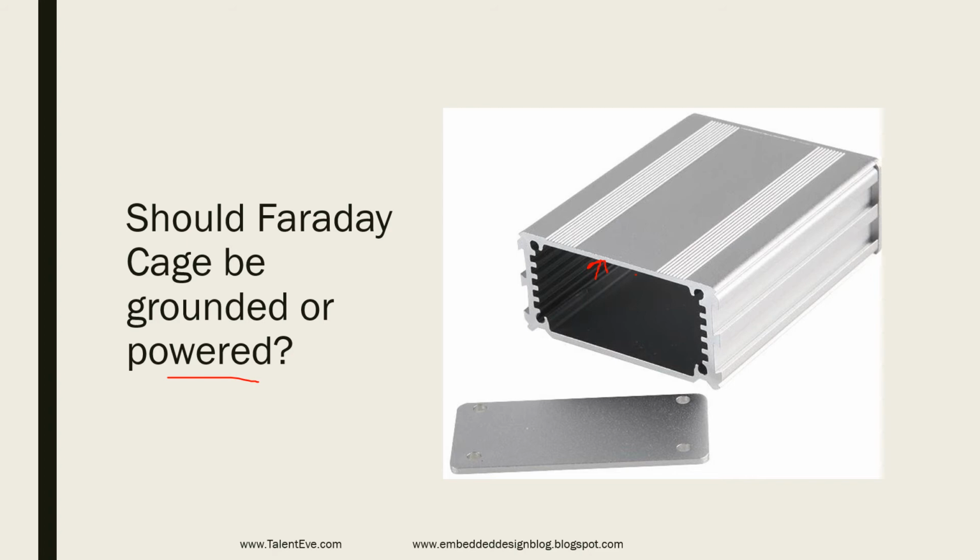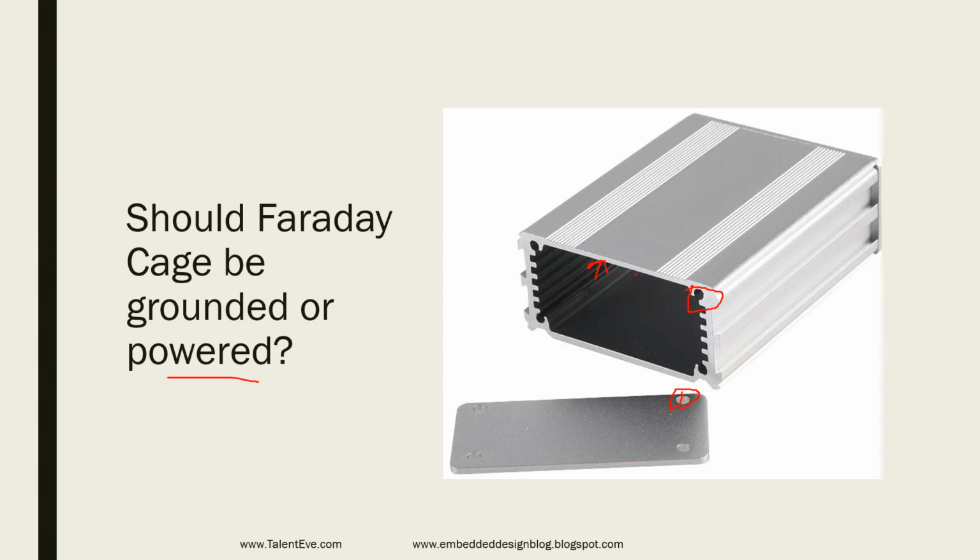One of the most common scenarios used in Faraday cages is where you have PCB mounting holes which will be connected through metallic screws to this aluminum enclosure. So you can see here this slot, a metallic screw will be used to connect here, and the PCB earthing holes will be shorted to the enclosure.